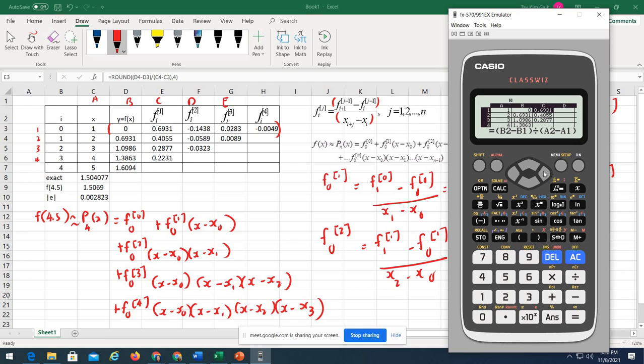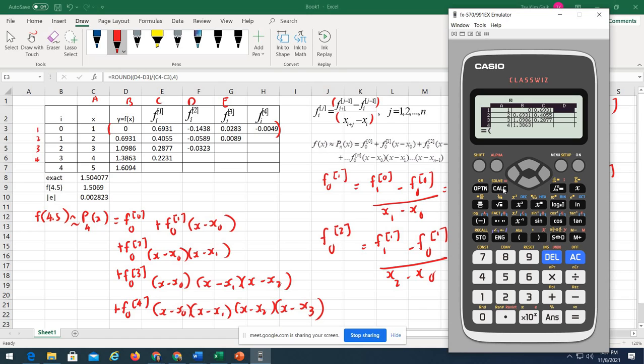Now move to calculate F02. Similarly, you key in the formula accordingly. As I said, if you use a spreadsheet either in the calculator or in Excel, you just key in the formula at the first row, and then you can copy it down.